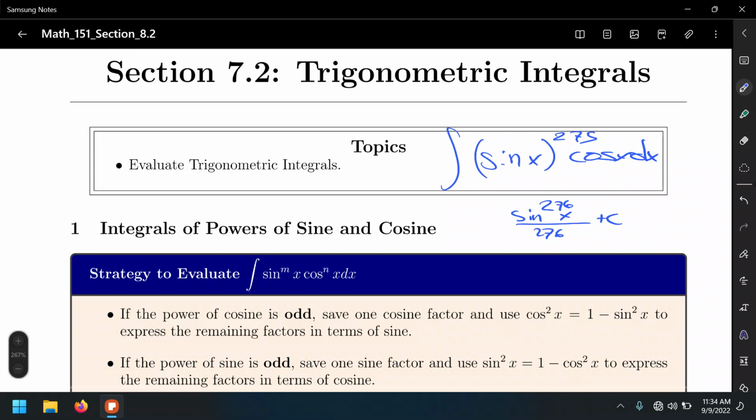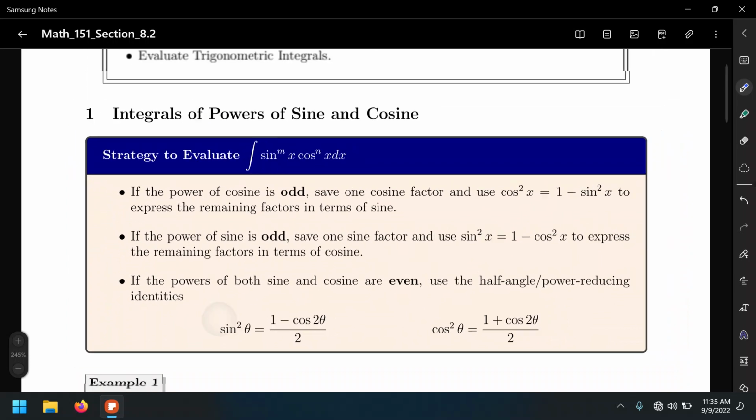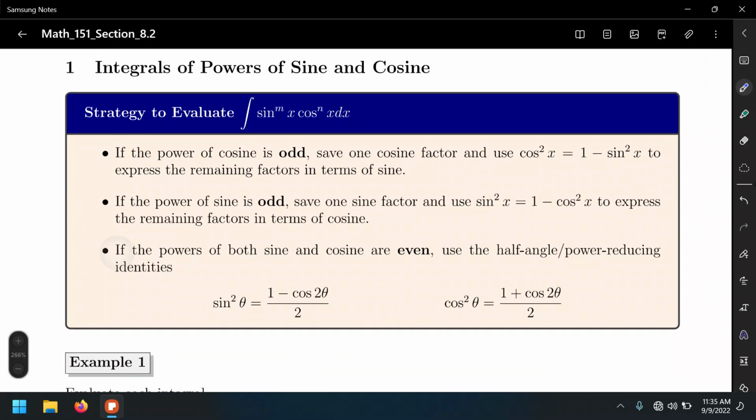However, this time we are going to have combinations, or more specifically, products of trigonometric functions. And so we have these guidelines here to help us decide what route to take when it comes to setting up these integrals. Number 1, you want to look at the powers of the trigonometric functions.